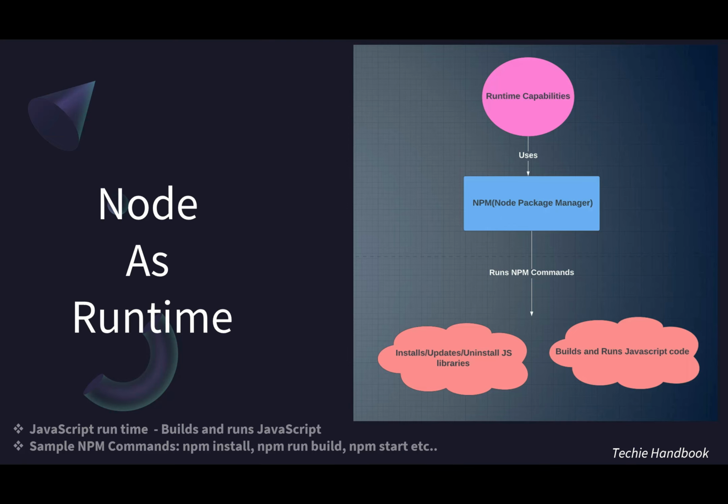We can install the library locally or globally using the npm install command. npm run build is one of the majorly used commands to build the program code. npm start is a command used to start the web application. Here, to clearly understand, web applications will be developed using any JavaScript-based language but not using Node.js. Node is just acting as a runtime environment to support the web application's environment needs.